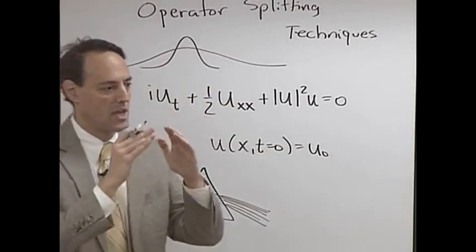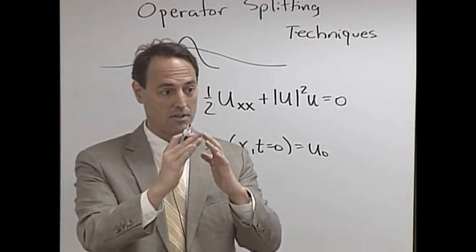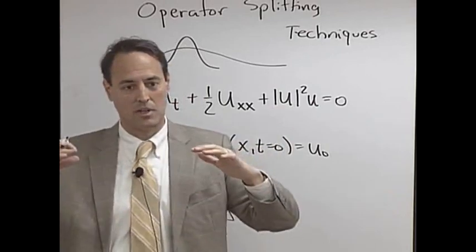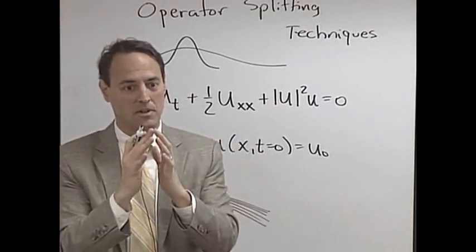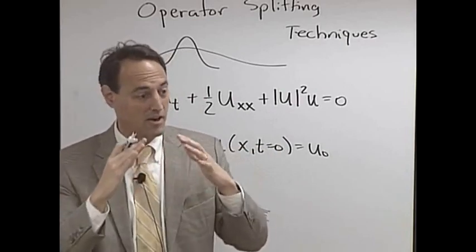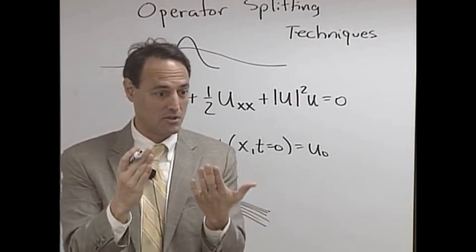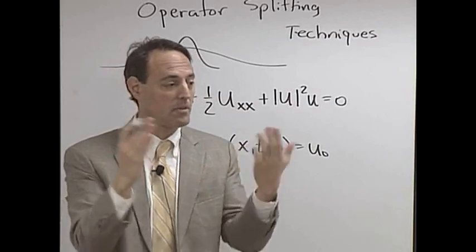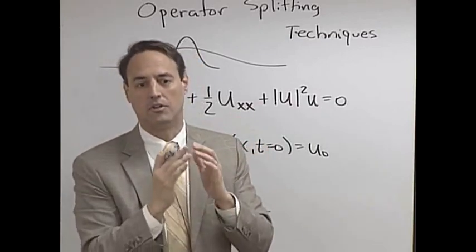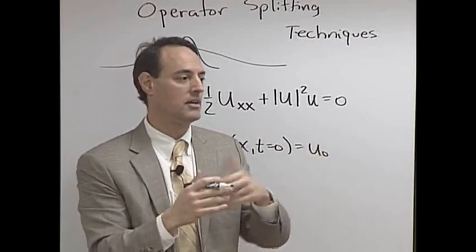This term wants to take a packet or a pulse and spread it out. This term would like to compress a pulse. If I can make this just right so that the compression and the spreading are balanced, then I get what's called a soliton. It's a perfect balance between nonlinearity and linearity, and you get these waves that travel forever.